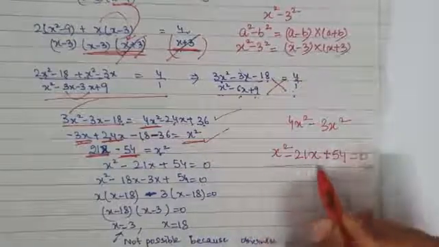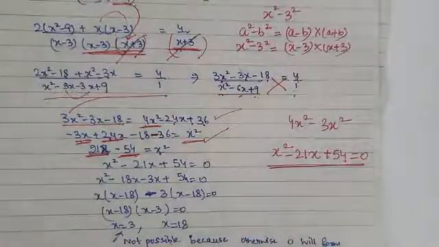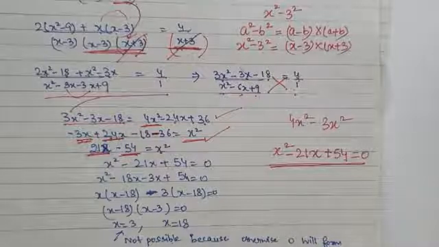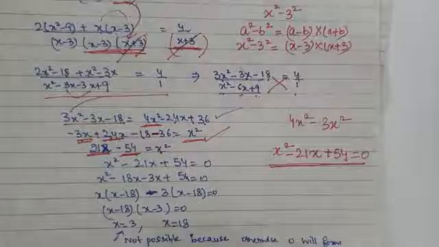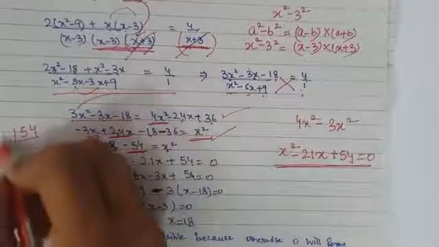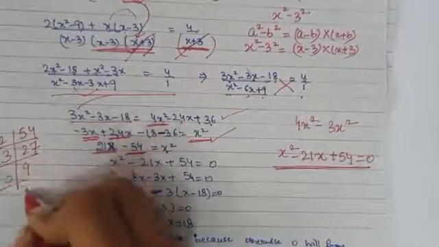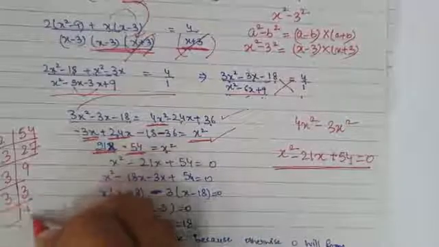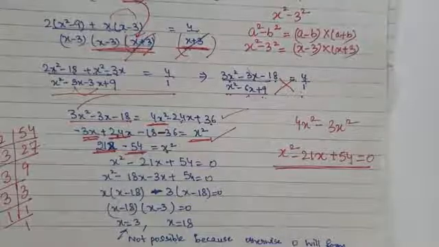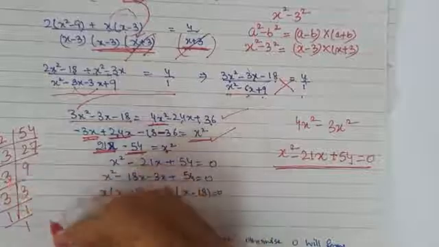Now, in the first video we have discussed how we can factorize the second degree polynomial. So here also we will follow the same method. Now 54, factors of 54 we will make first. That is 27, 3 into 9, 3 into 3, 3 into 1, 3. Now start making the factors. 2 into 3, 6. 6 into 3, 18.